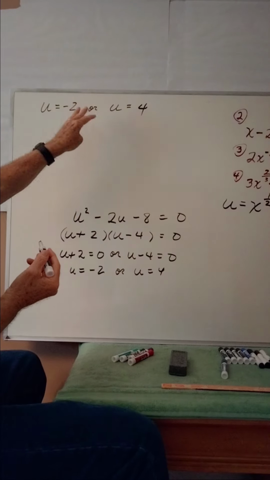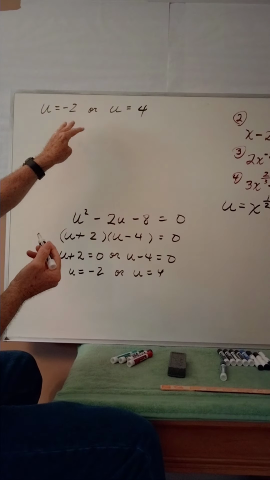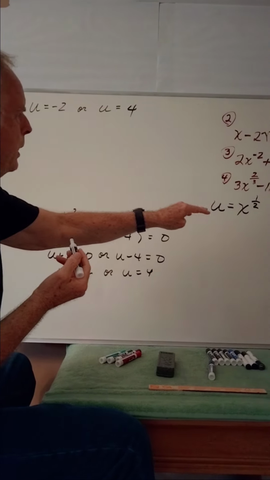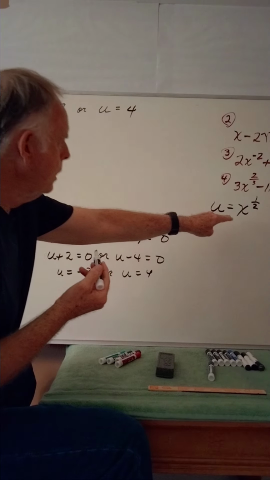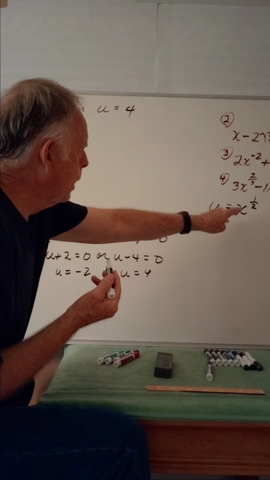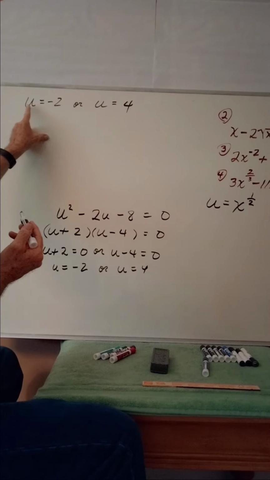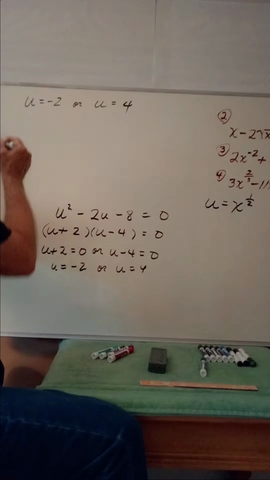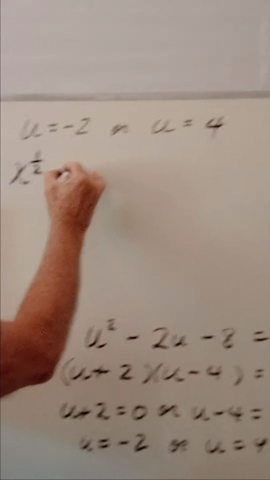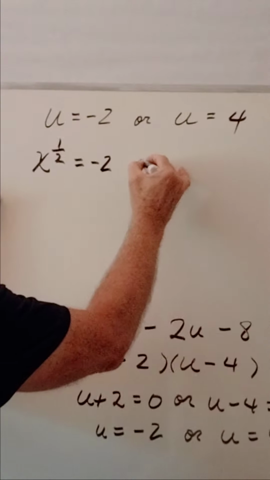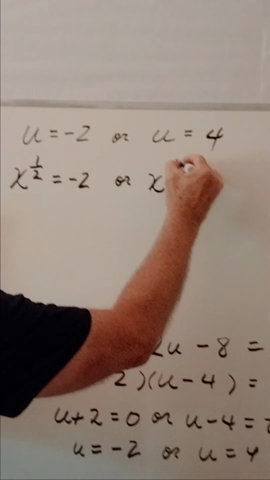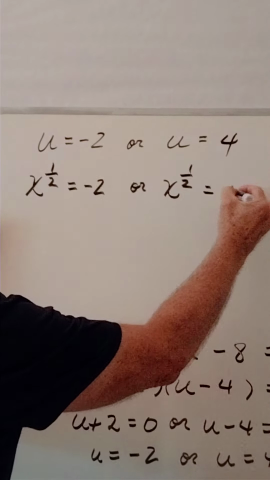We don't want the values of u, but we needed the values of u so that we could find the values of x. So now we'll return to our substitution statement here, and in place of u, we'll put x to the 1/2. So x to the 1/2 is equal to -2, or x to the 1/2 is equal to 4.